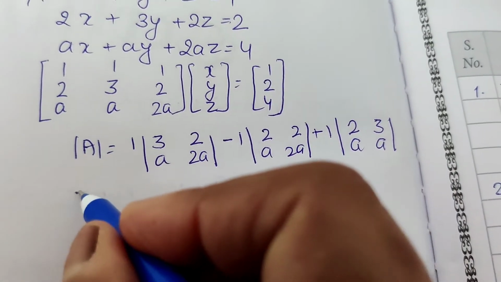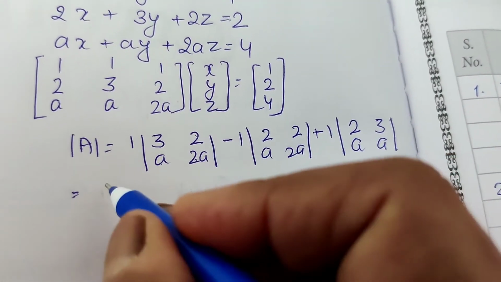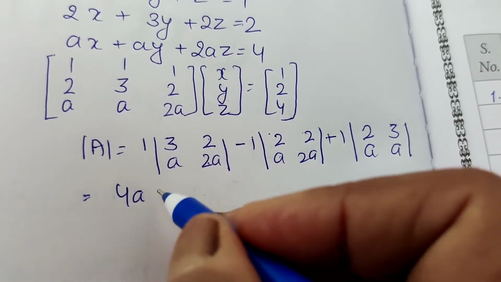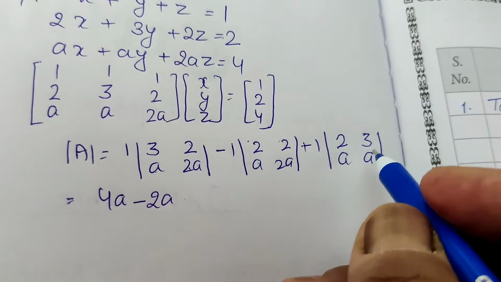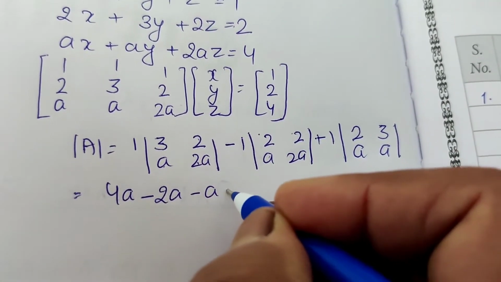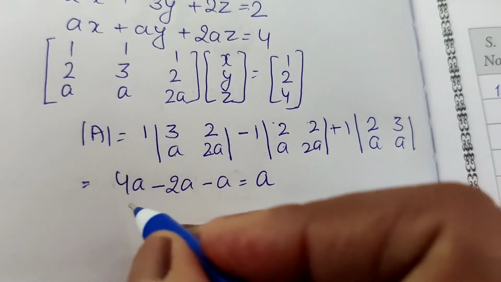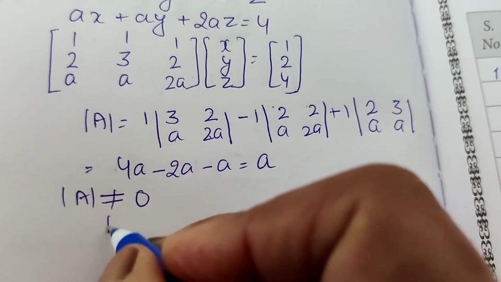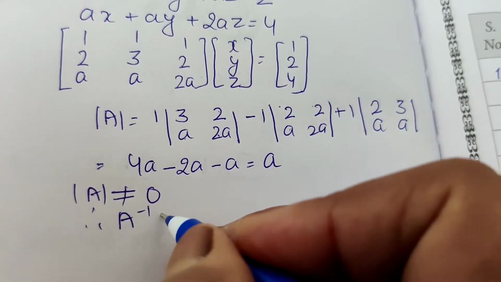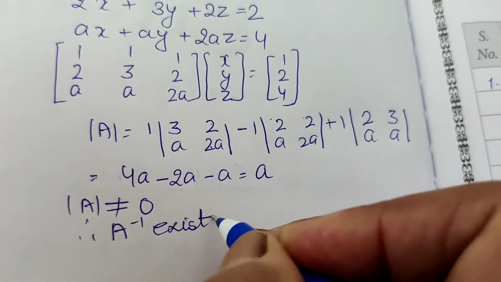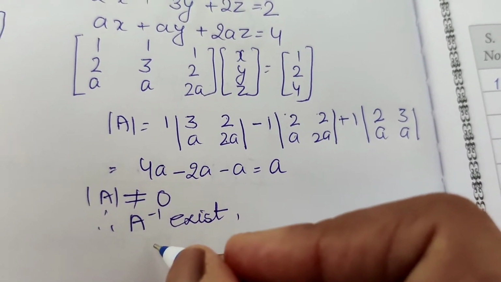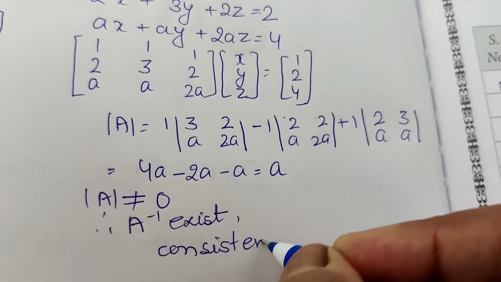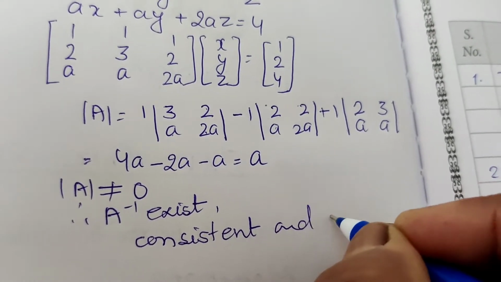Now find the value. 6a minus 2a is 4a, minus 2a, then 2a minus 2a, and 2a minus 3a is minus a. It is equal to a. The determinant A is not equal to 0. Therefore, A inverse exists. It means these equations are consistent and have a unique solution.